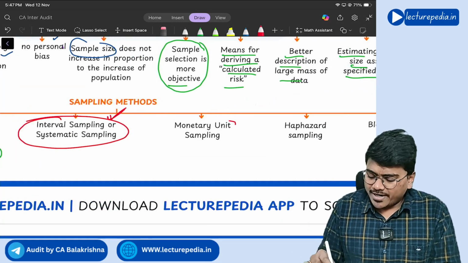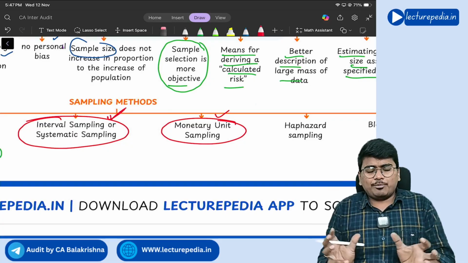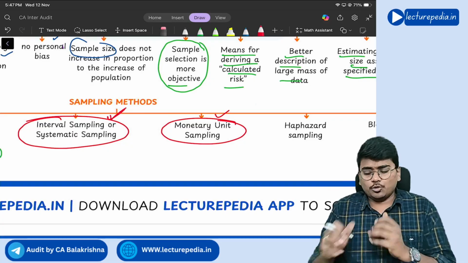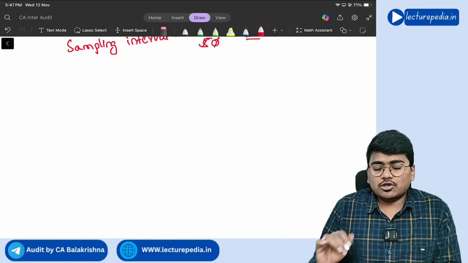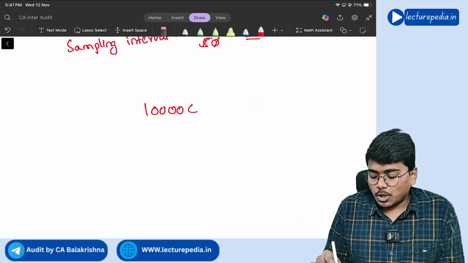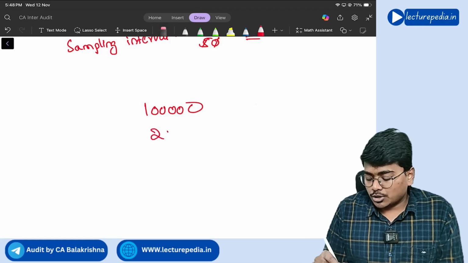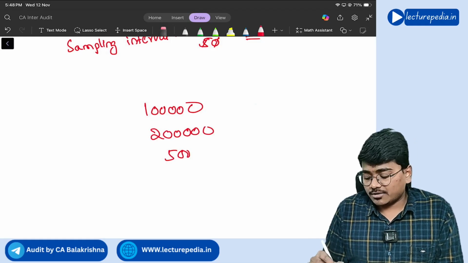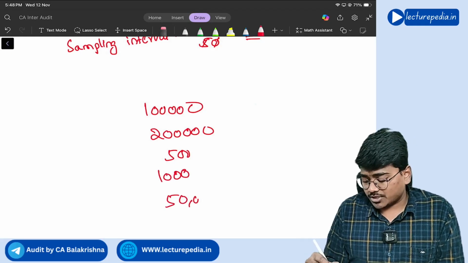Next, monetary unit sampling. Monetary unit sampling is a very complex selection process. I will just tell you briefly. Let's say there are these kinds of items in the population. One item value is 1 lakh rupees. Another item value is 2 lakh rupees. Another item value is 500, another is 1,000 rupees, another is 50,000 rupees.